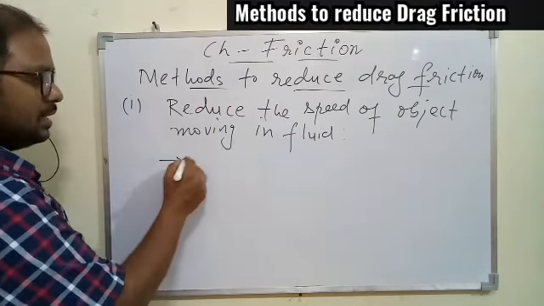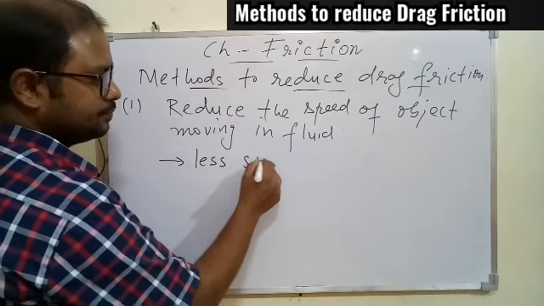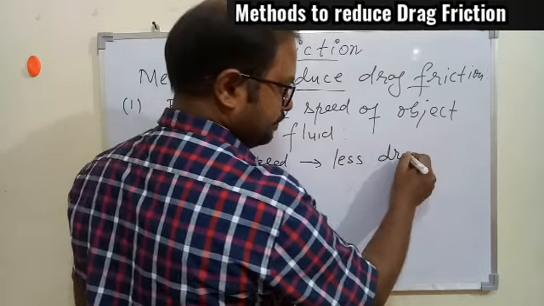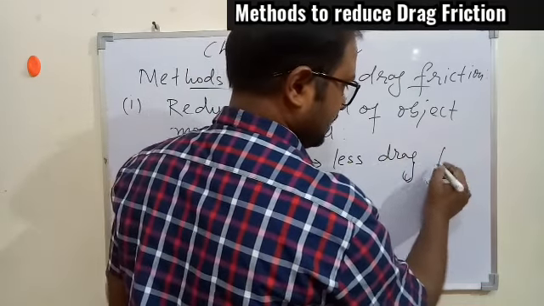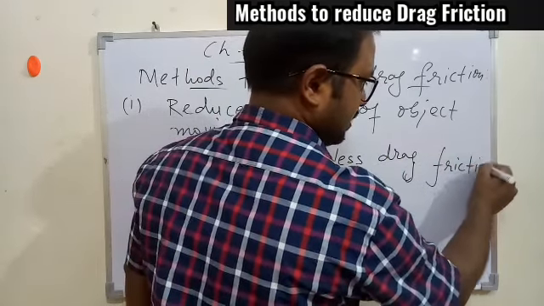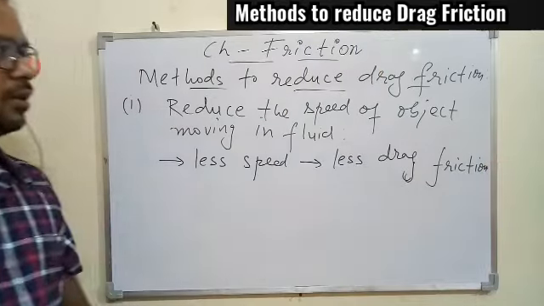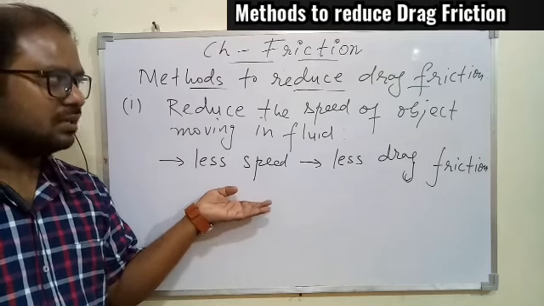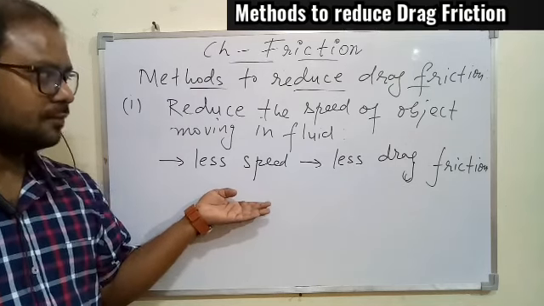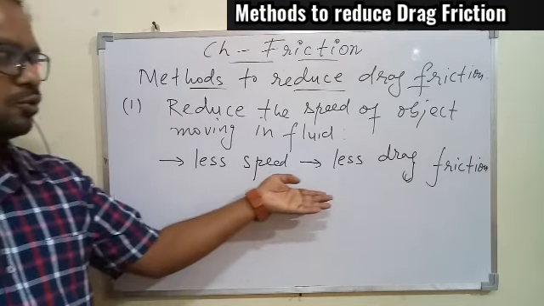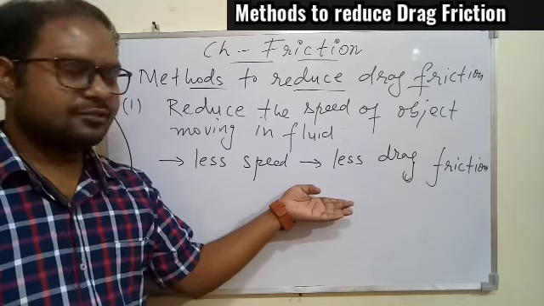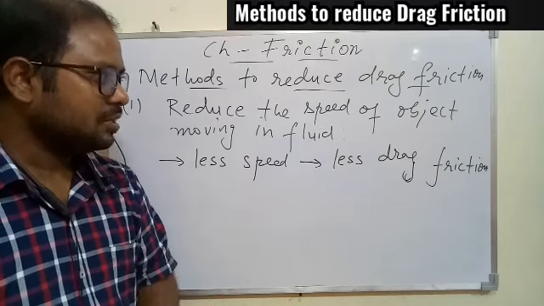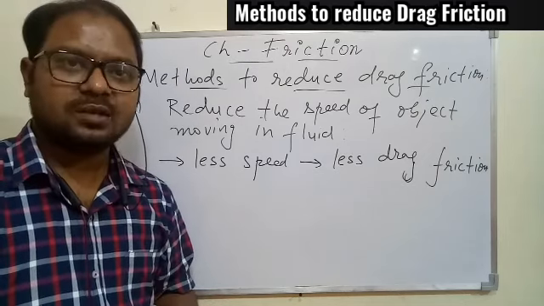So we can say less speed, less drag friction. We can control the speed of an object moving within a fluid, and in this way we are able to overcome the drag friction to some extent. So the less the speed, the less the drag friction, and you can experience it practically.